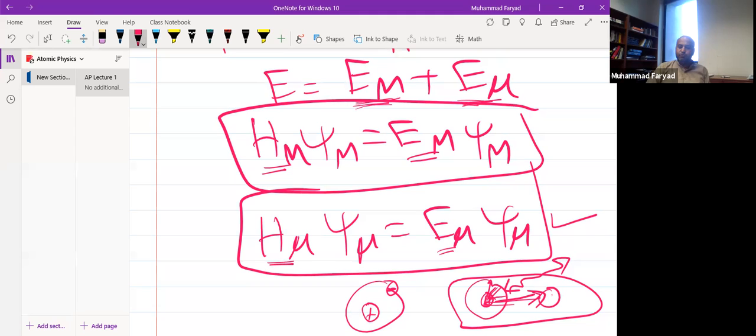It wouldn't only be this one, because we have to worry about the total energy and not just the relative energy. Most of the time we are concerned with the relative energy because this is trivial, but you always need to keep this big picture in your mind, that this is only one part of the problem and the total problem is the center of mass plus the relative.